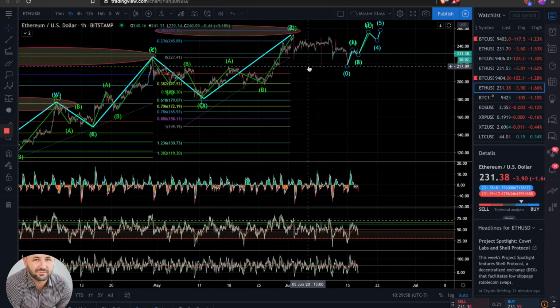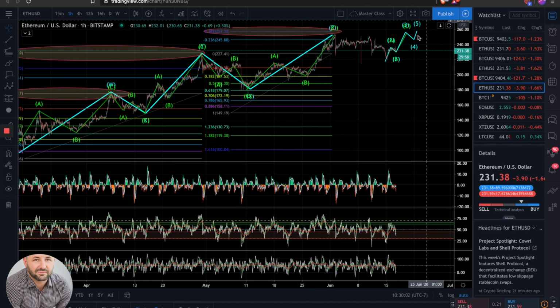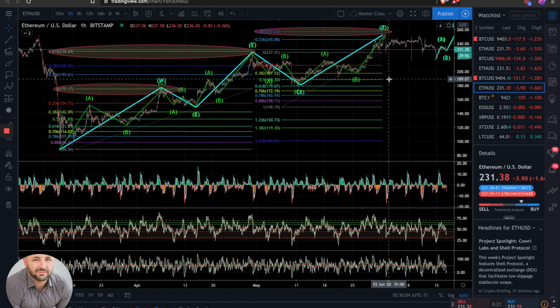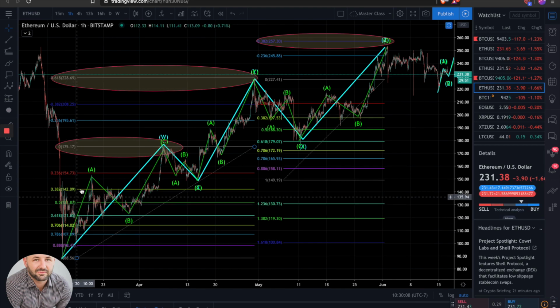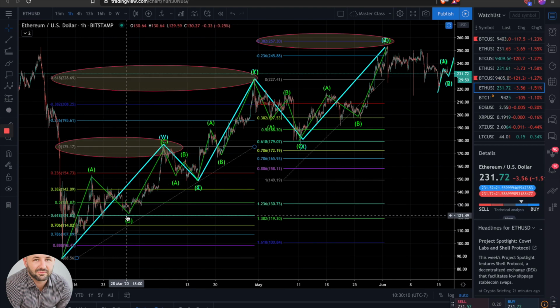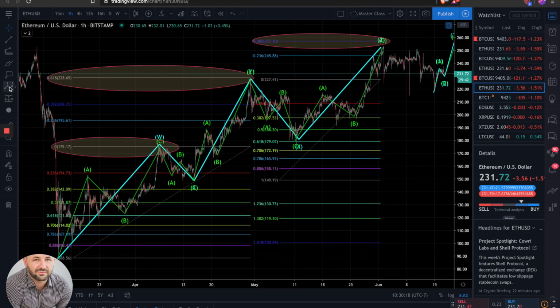And if that happens, then one of two things, depending where we get up to. So looking at the macro piece of it, this would have to be a wave 1, and then this whole thing right here would have to be a 3. So basically it would have to look like this.